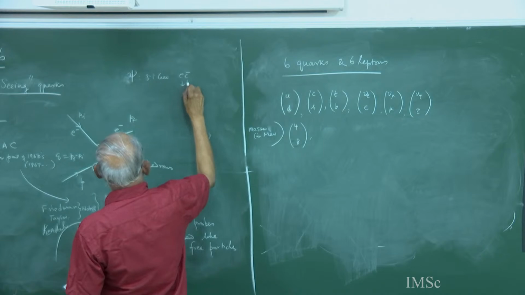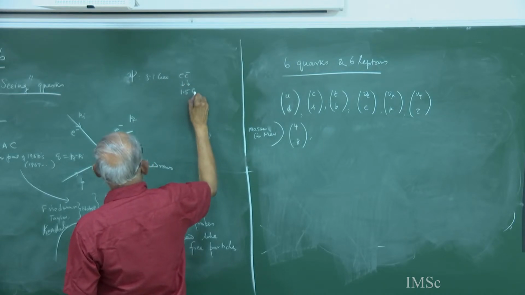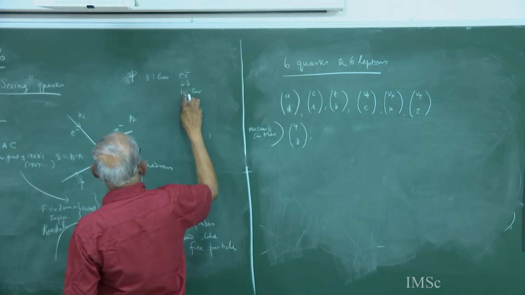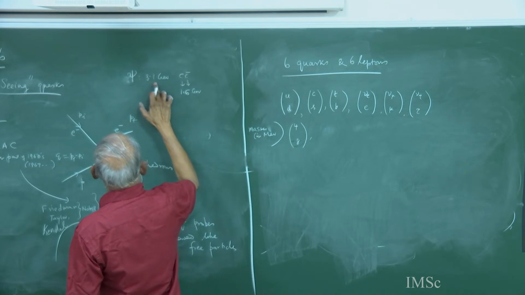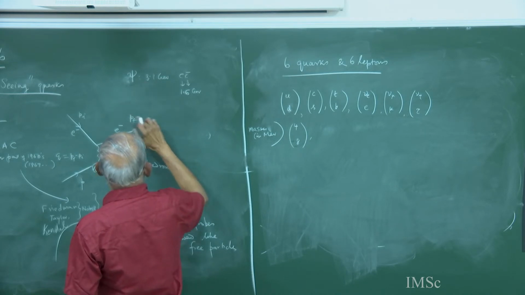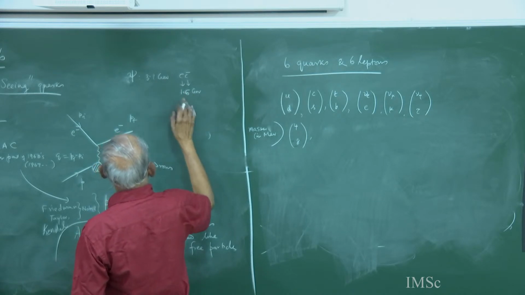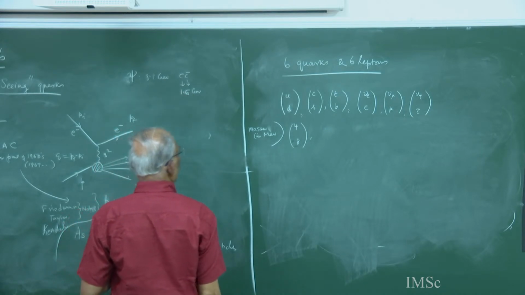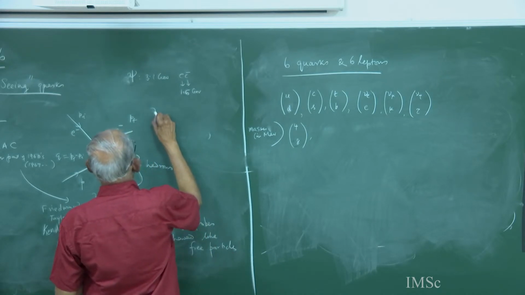So each c and c bar is about 1.5 GeV, a little larger than 1.5, let me put 1.6. And then there is a binding energy, so that the full bound state is 3.1 GeV. Sum of 1.6 times 2, 3.2 minus the binding energy. These are all approximate numbers. You have to go to more detailed calculations in order to be more precise.